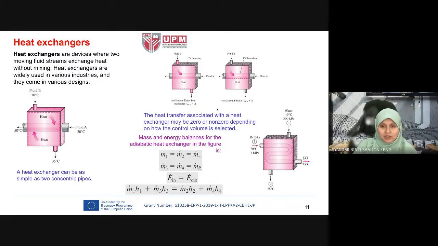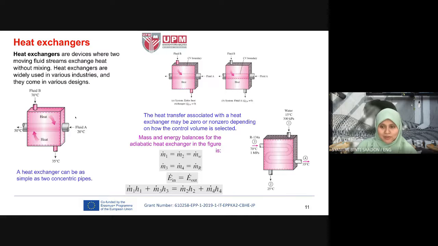Okay, so the process is within a closed control volume, a closed system. So we consider the heat exchanger to be in a control volume boundary. The heat transfer associated with the heat exchanger may be zero or non-zero depending on how the control volume is selected.